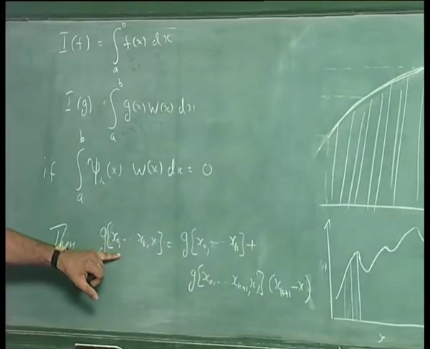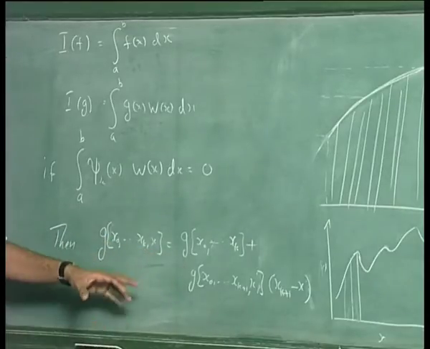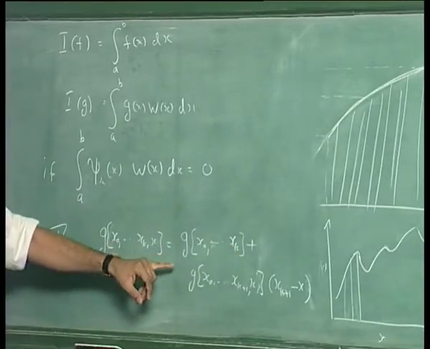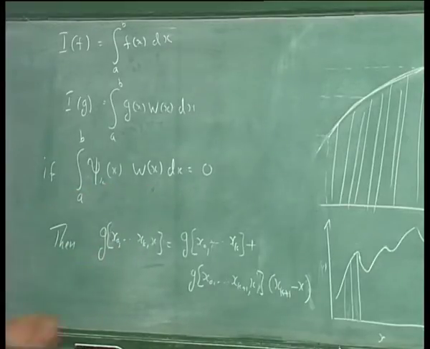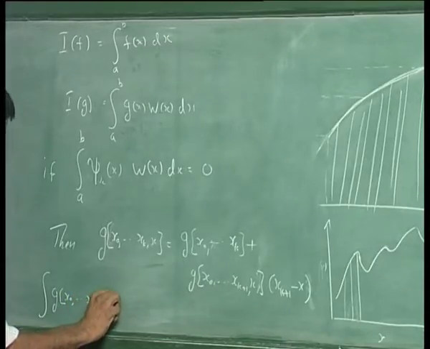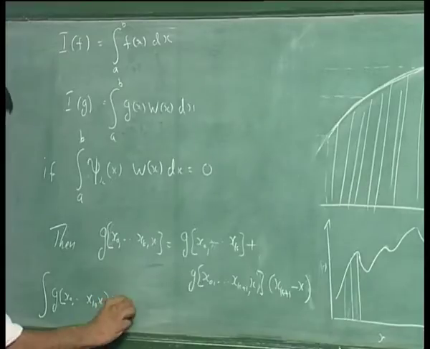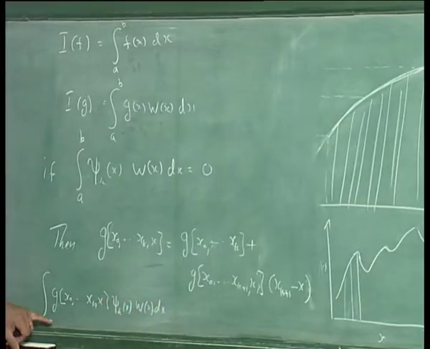So, I can replace this quantity by this quantity, and we know the integral of this is 0 when this is 0, right, because now my error term, which is g[x0, ..., xk, x] into psi k of x w of x dx, will now have two terms.